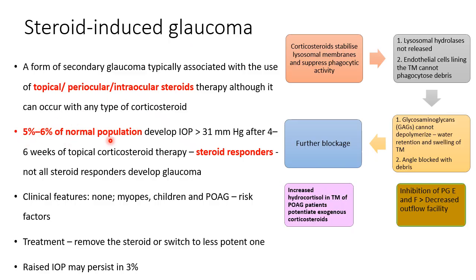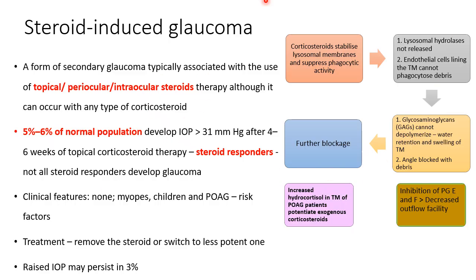So all these factors are collectively acting and causing this steroid-induced rise in IOP. 5 to 6% of the normal population develops an IOP of above 31 mmHg after 4 to 6 weeks of topical corticosteroids. These people are known as steroid responders. Not all of them develop glaucoma. Some of them do. Who develops it? Myopes, children, and those with open angle glaucoma may develop steroid-induced glaucoma earlier.